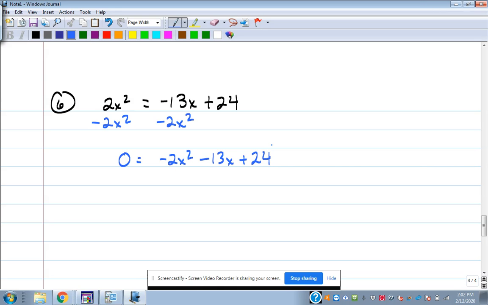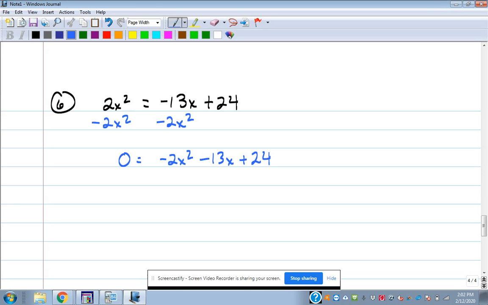And then I'm going to show you how I'd rather it be. Factoring with a negative in the leading coefficient spot is a little bit more difficult than if it were a positive number there, because you got the negative sign involved, so you got to deal with that. So what could I divide everybody by that would get rid of that? Negative 1.